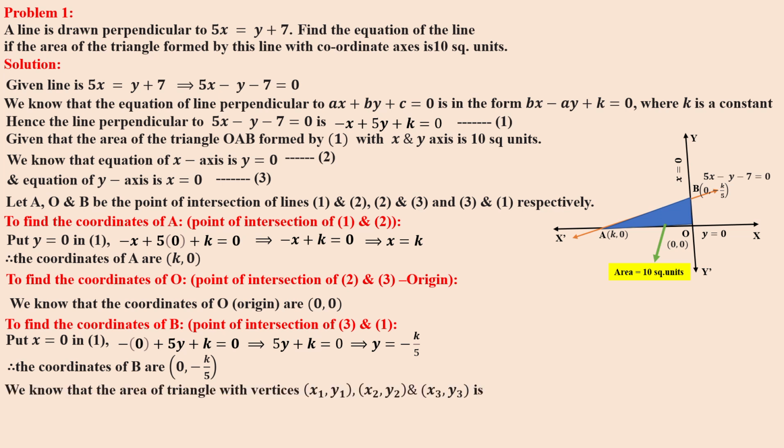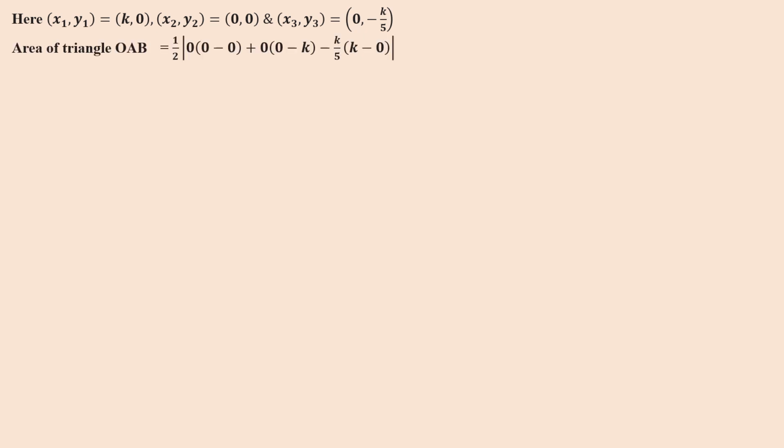Now we know the area of the triangle with vertices (x1, y1), (x2, y2) and (x3, y3) is 1/2 [y1(x2 - x3) + y2(x3 - x1) + y3(x1 - x2)]. So here (x1, y1) is (k, 0), (x2, y2) is (0, 0), (x3, y3) is (0, -k/5).